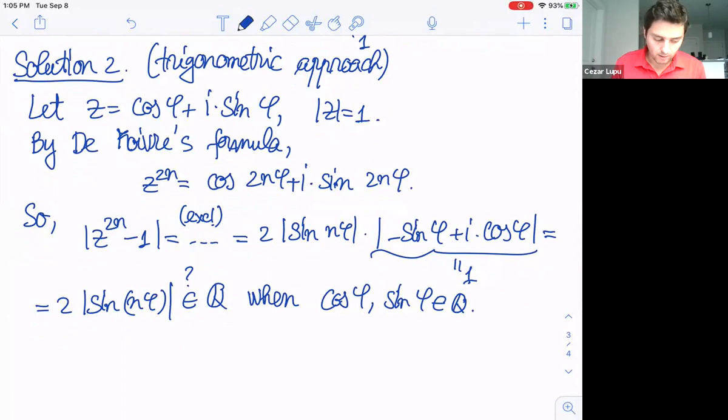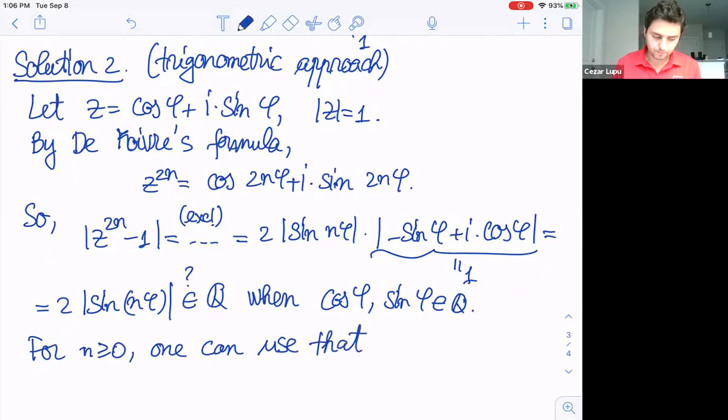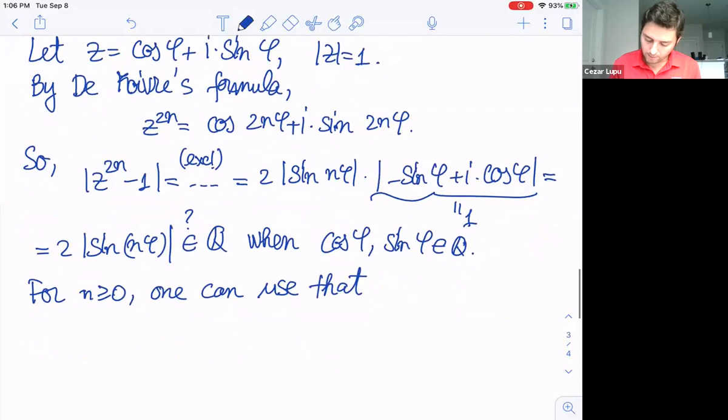Well, for this one can use, and I'll leave it to you because I said it at the beginning, for n greater or equal than 0, one can use that x plus iy to the power n is nothing else than just this, what we said at the beginning, it's an a plus bi, right?